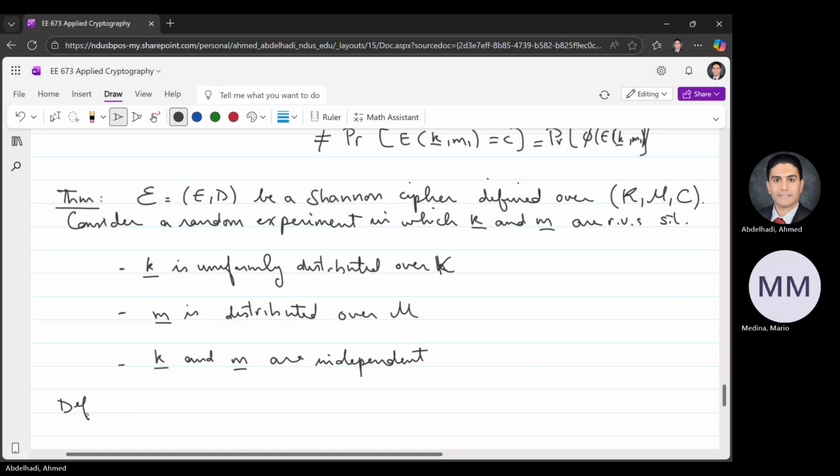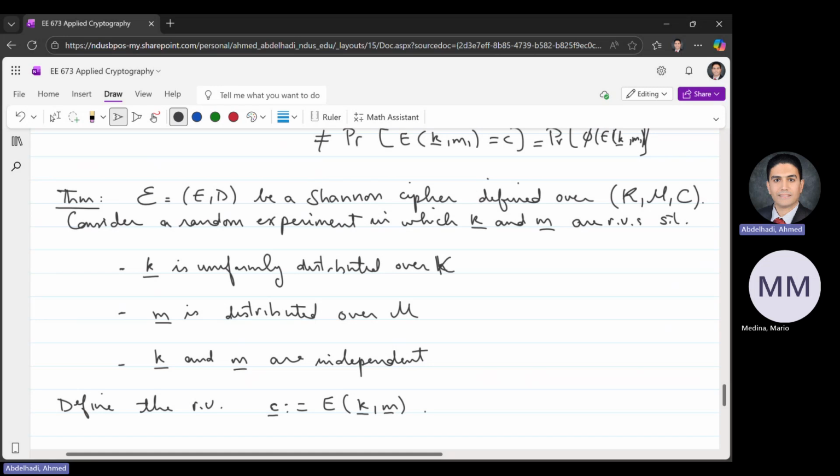Define a random variable C by definition equal to E(K, M). So this is a random variable, and again I use the bar under the variable to refer to random variables.